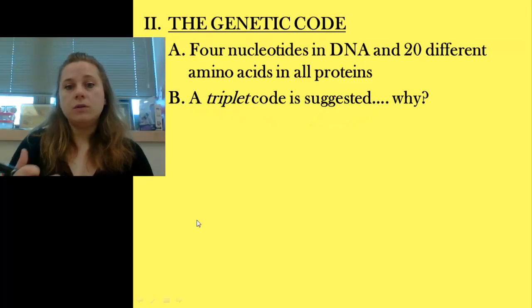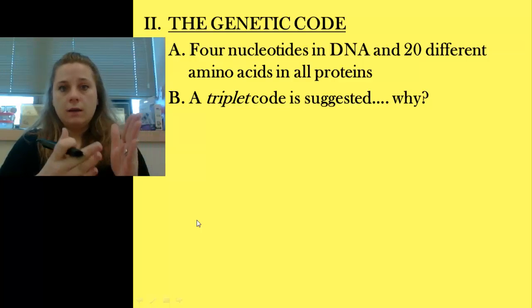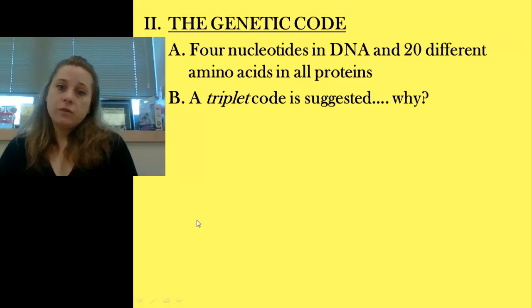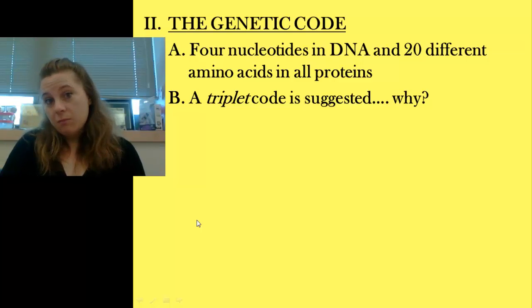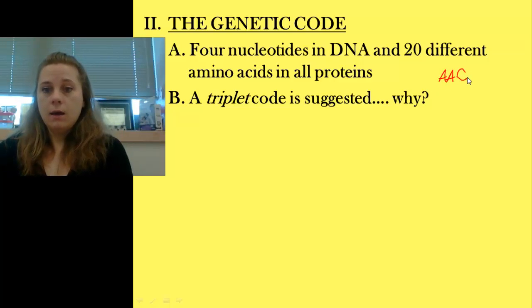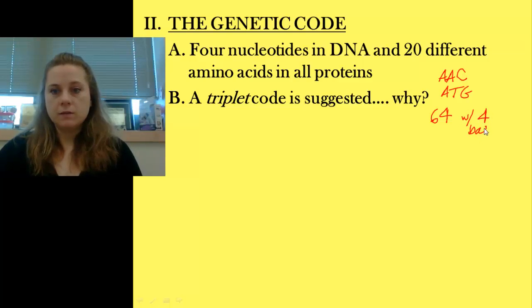So how do those 4 nucleotides end up coding for such a vast number of proteins? Well, we begin by talking about it in terms of triplets, okay? And that was first suggested, and it turns out that that was right, because if I start talking in triplets, meaning like A, C, or A, T, G, and so on, and talk about DNA in these triplets, I can actually create 64 combinations with 4 bases.